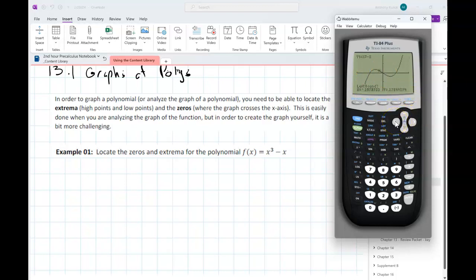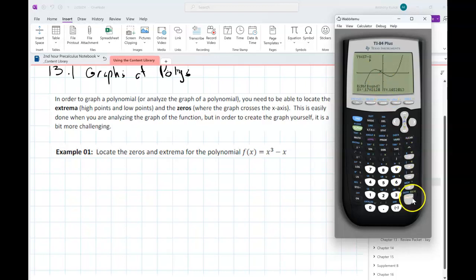So I'm just going to use the left arrow button to move my cursor somewhere to the left of where I think that maximum is. It doesn't really matter how far to the left, it just has to be left of it. And then I'm going to press enter. Now the question has changed to right bound, so I'm going to do the same thing, except going to the right.